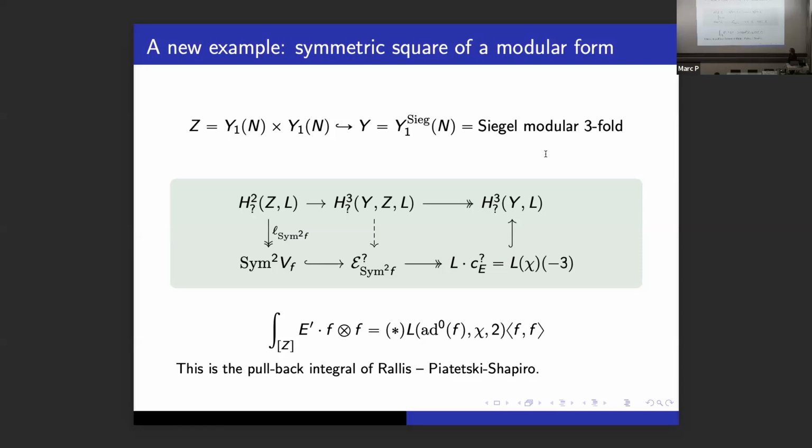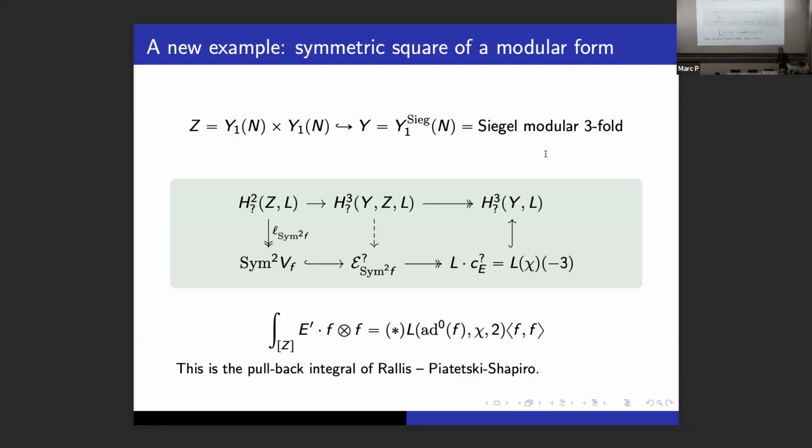Now, that's three-dimensional. So that's why we have H3 here in the middle. And the class that we're going to take on our Siegel threefold is, again, a very simple Eisenstein series, sometimes called a Siegel-Eisenstein series. So it's an Eisenstein series associated to a character.